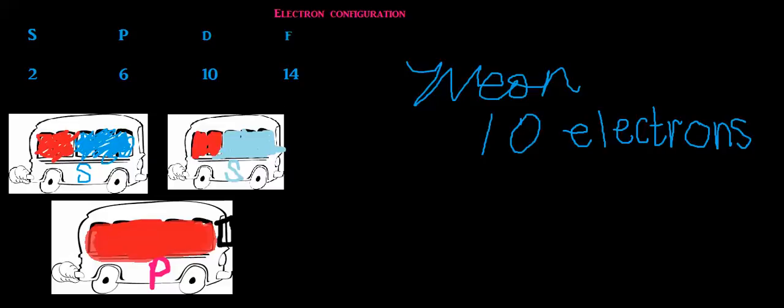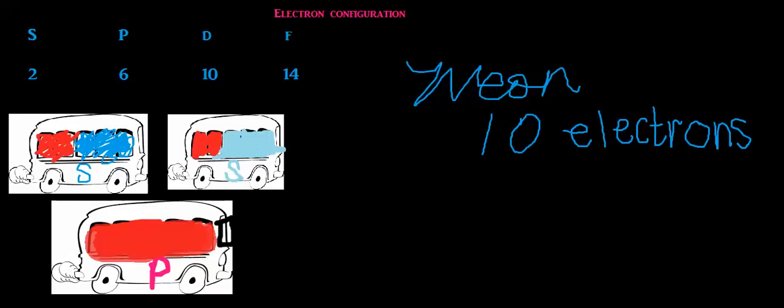So let's count up the buses we used. We used 2 S buses to the max. We had the first S bus, and we used 2 seats in that. And then the second S bus, and we used 2 seats in that. So our configuration is 1s2, 2s2. Then we used all 6 seats in the P bus, and that was the first P bus, but we counted it as second because that's where the P's start, in the second period.